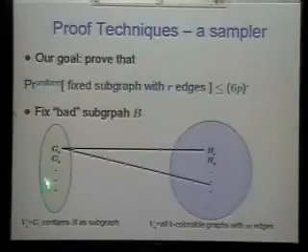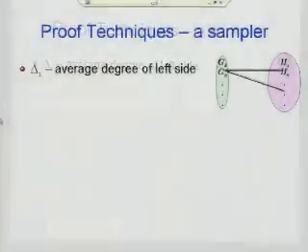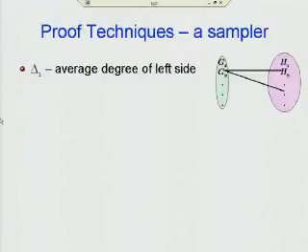We want to show that the fraction of these bad graphs is at most 6P to the power of R out of all possible graphs.